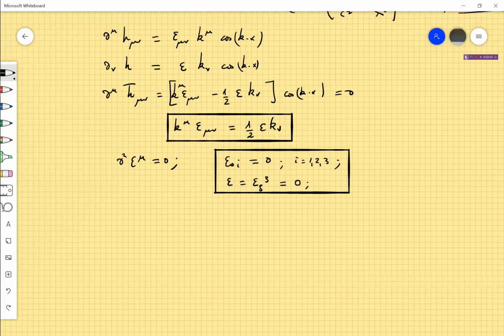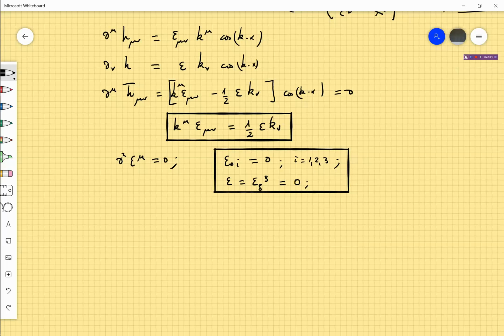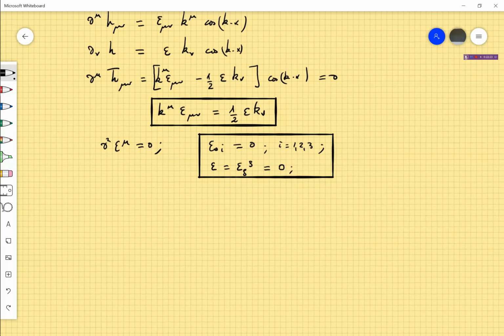Before we study which ones are the independent components and what the rest look like, let's prove that using these remaining 4 gauge transformations that do not take us out of the De Donder gauge, you can impose these conditions on the polarization tensor.